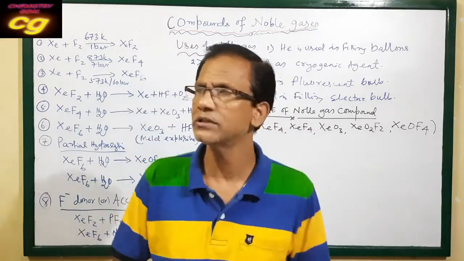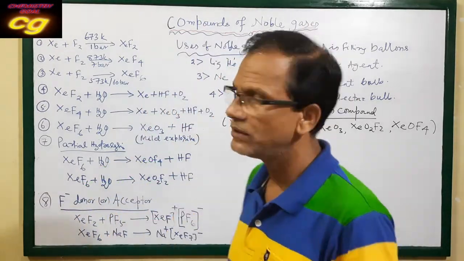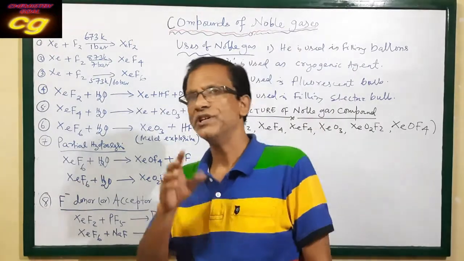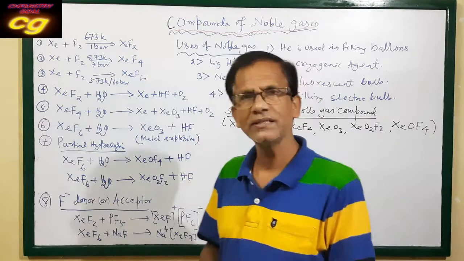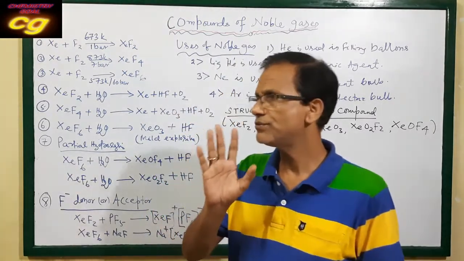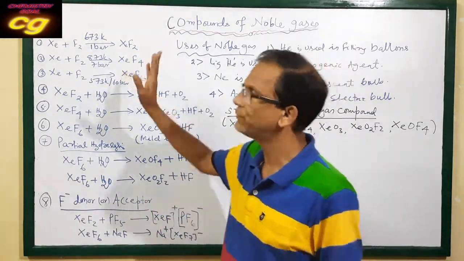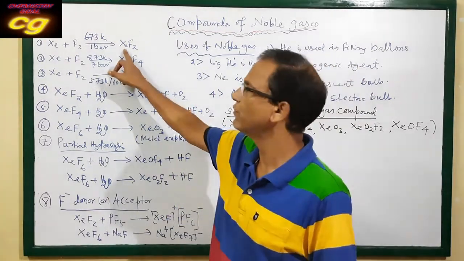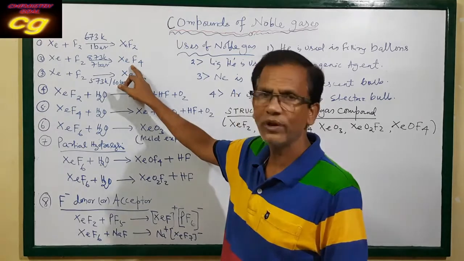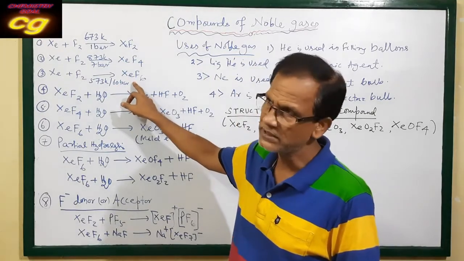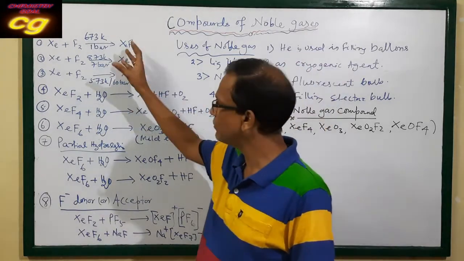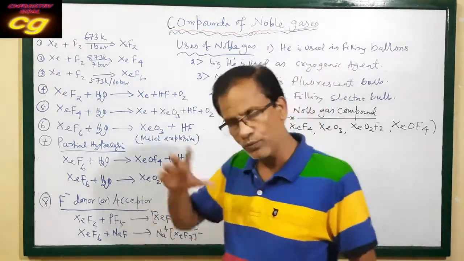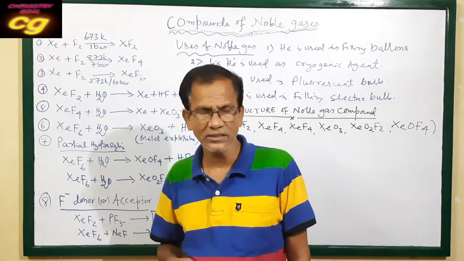So let us discuss some preparation and properties of compounds of noble gases. Xenon generally produces fluorides and oxides. Mainly three types of fluorides exist for xenon: xenon difluoride, xenon tetrafluoride, xenon hexafluoride. Xenon also produces xenon oxides, such as the trioxide, and xenon oxyfluorides.